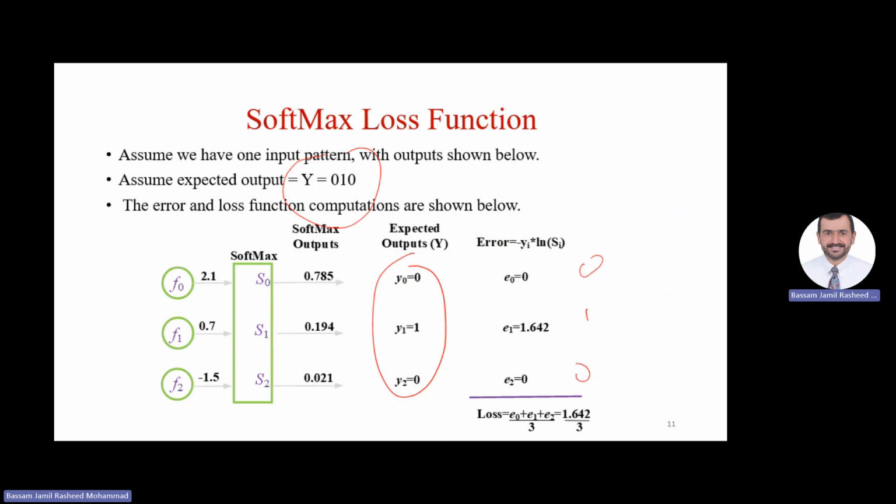And for this particular image that I'm sending, it should be tree. So the correct output is Y1. So I send the image, right? I compute the F's and I compute the S's, right? Now I want to compute the loss function. It will be the ln of the S which corresponds to the correct answer. Okay, all right.